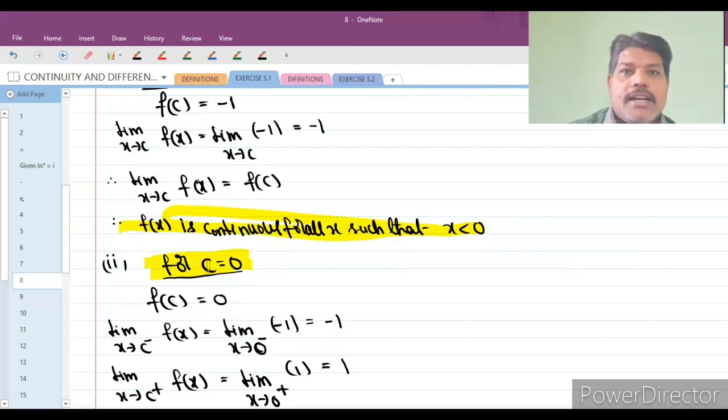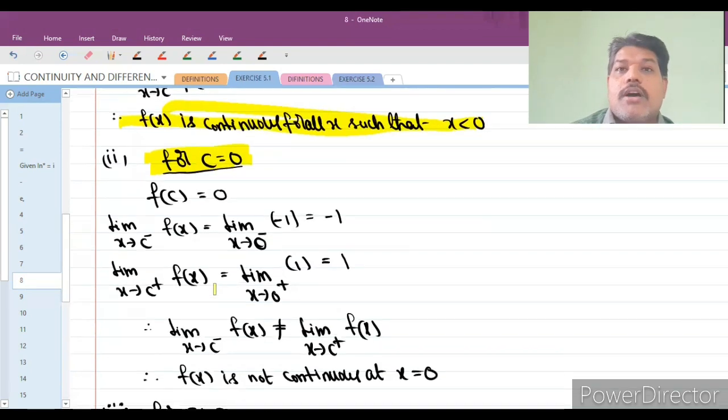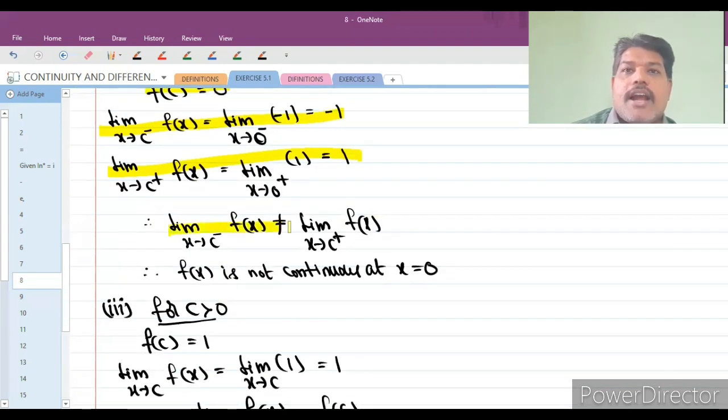You have to calculate the left hand limit and the right hand limit, and check whether they and the function value all coincide or not. f of c is equal to 0, but the left hand limit is -1 and the right hand limit is 1. So the left hand limit and the right hand limit do not coincide. So automatically, students, f of x is not continuous at x equal to 0.